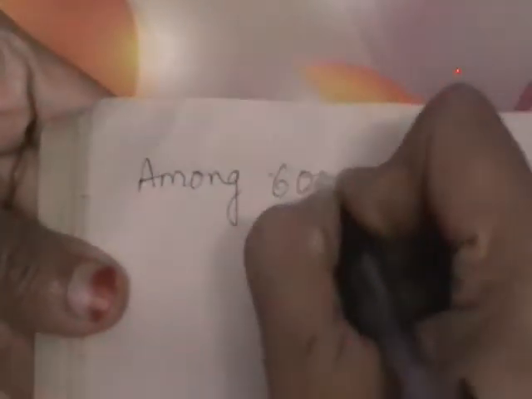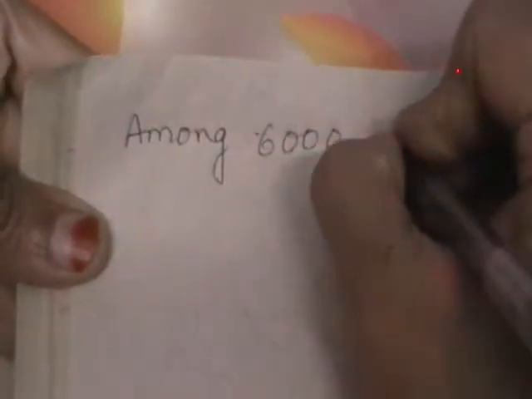Actually you need to find the number of workers between these two. The total workers in the given company are 4,000.